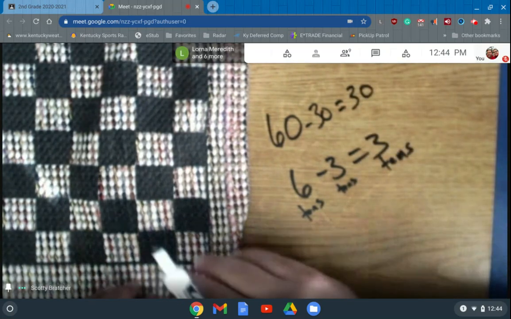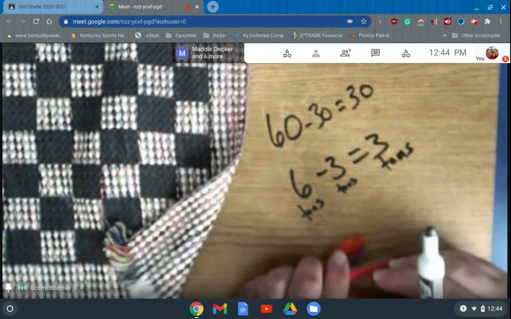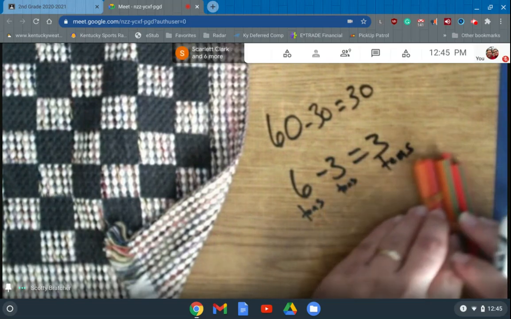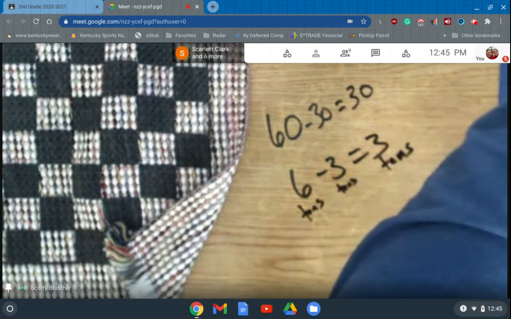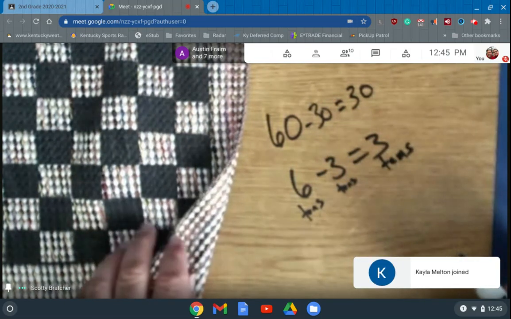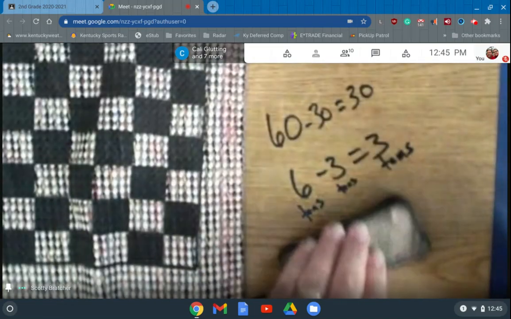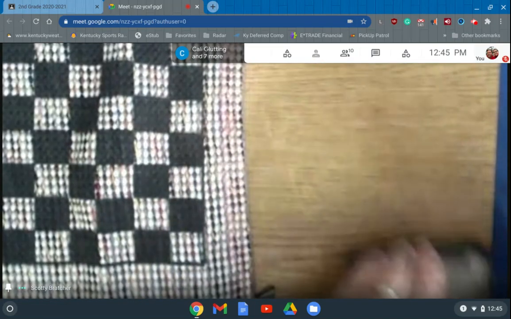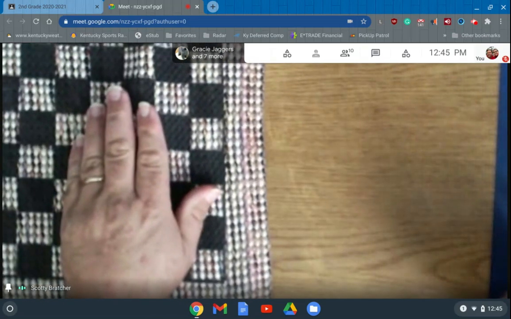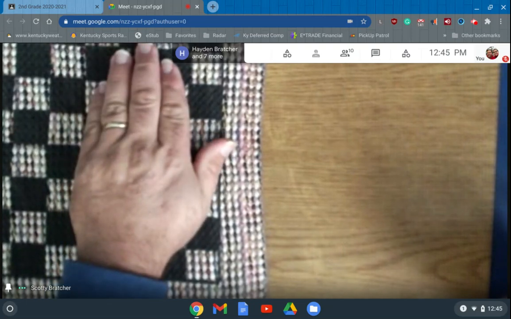All right. And I put these 3 tens back under there a second ago, so I've got to take them back out. This is the 3 tens I took out, and they're gone. All right. I'm going to erase that. And who can tell me what's under this blanket here?